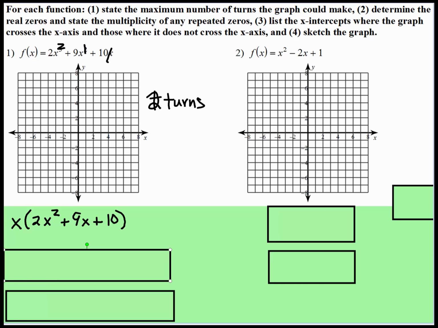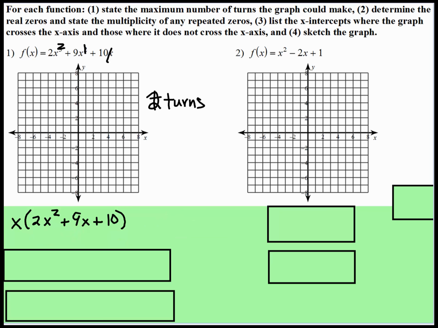So then you have to think, are there factors? Those 2 factors would go there, so a 2x and an x. Then are there factors of 10 that we could plug in there where 2x times this plus x times this, the result of all of that will add up to 9x.